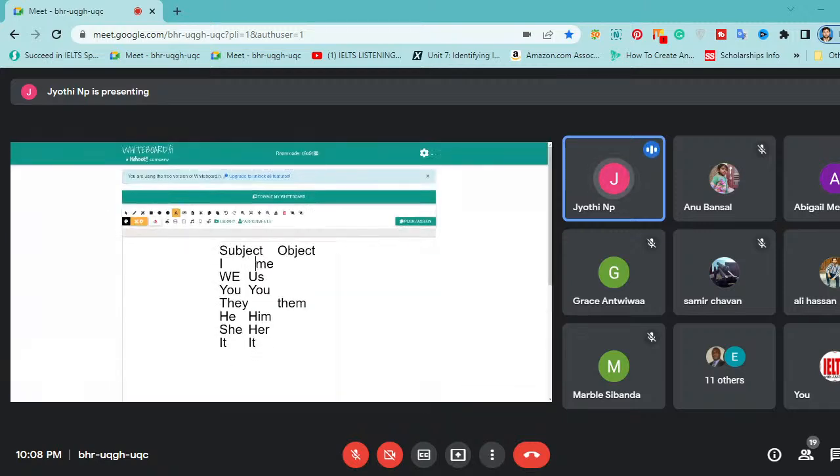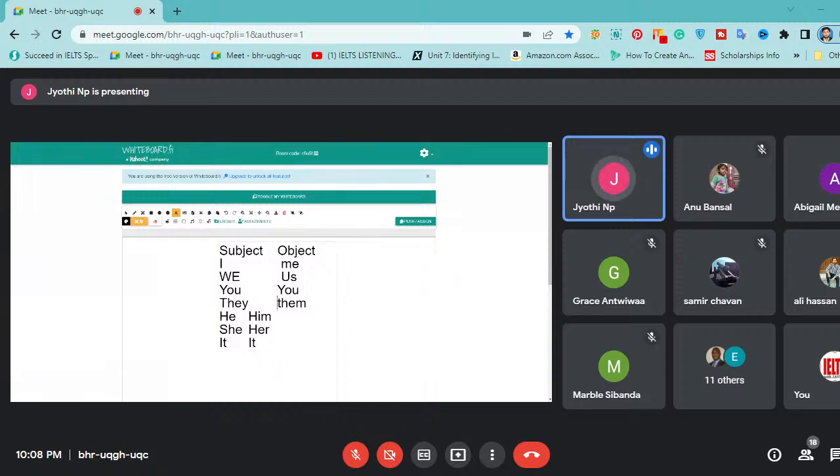So based on the person, the first person singular, in the subject we use I, and in the object we use me. In the first person plural, we, then the object is us. The second person singular or plural is you, and the object is also you.